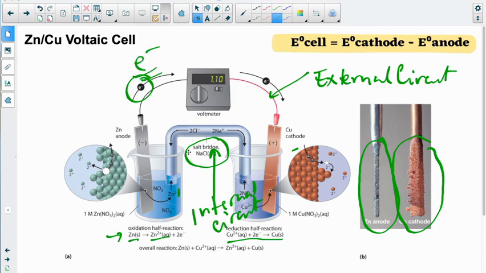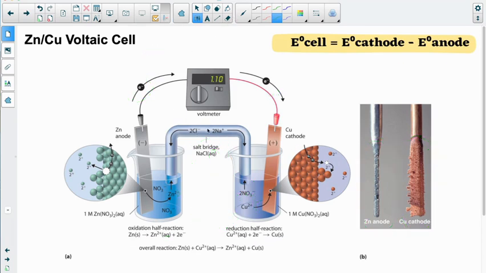There are no electrons flowing in the salt bridge. Inside the salt bridge, you will have ions flowing. You can see here that the anion, in this case, we're using sodium chloride as my salt in the salt bridge. By the way, the salt bridge is also 1 molar solution. You can see that the chloride ions are going into the anode half cell here, or the anode solution, and then the cations are going in this direction.